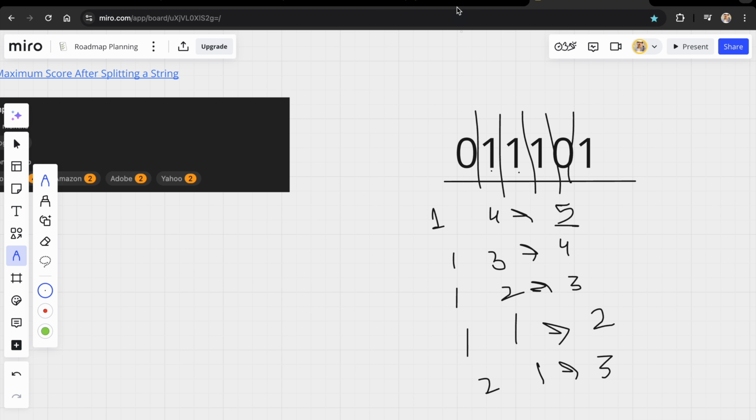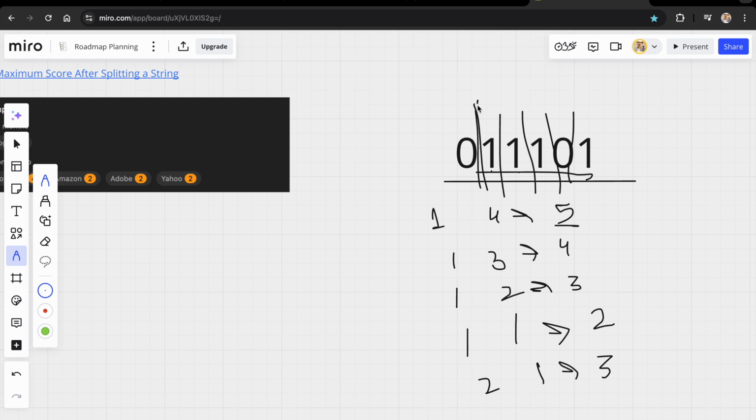So what we can do is take the count of ones. After that we try to make a split at every index. First we will try to make a split here.